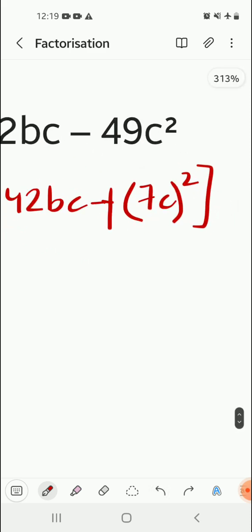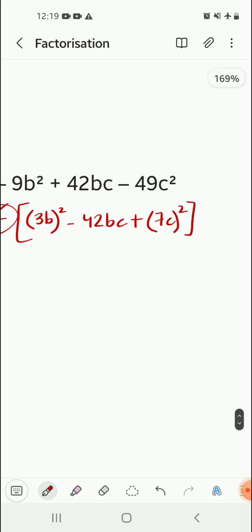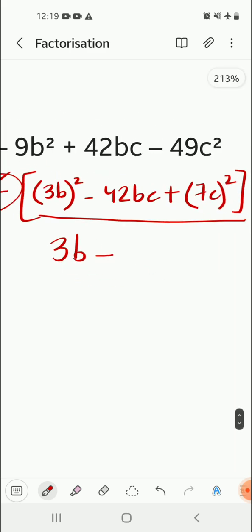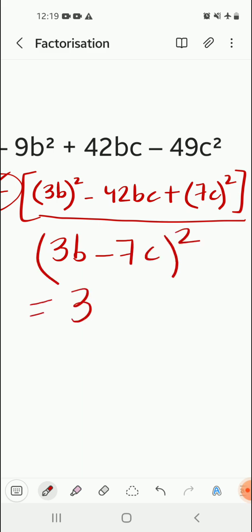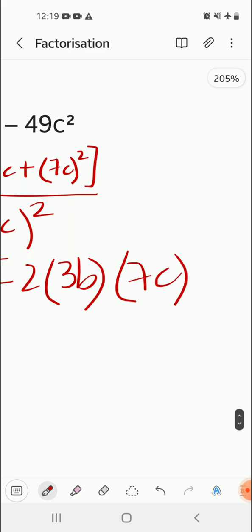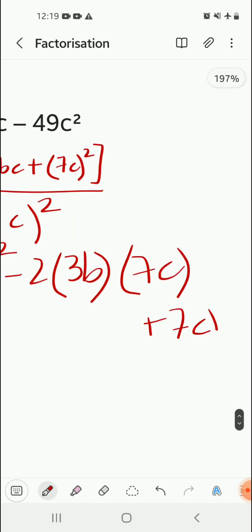If you carefully observe this, this actually resembles a formula, an identity, which is none other than, see, the (a − b) whole square formula, where a square is 3b, plus, no, it's minus 7c whole square. See, if we solve it, it is (3b) whole square minus 2ab plus b square.